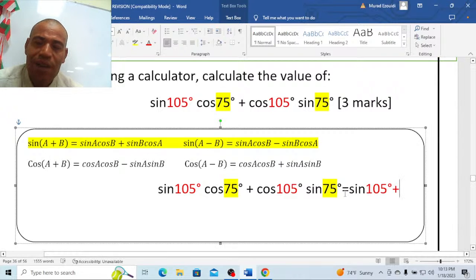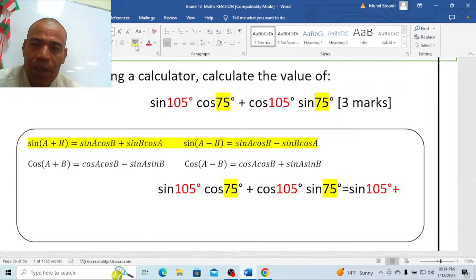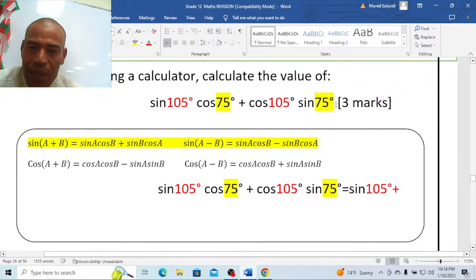Plus 75 degree. Now you can add the total of these two numbers.